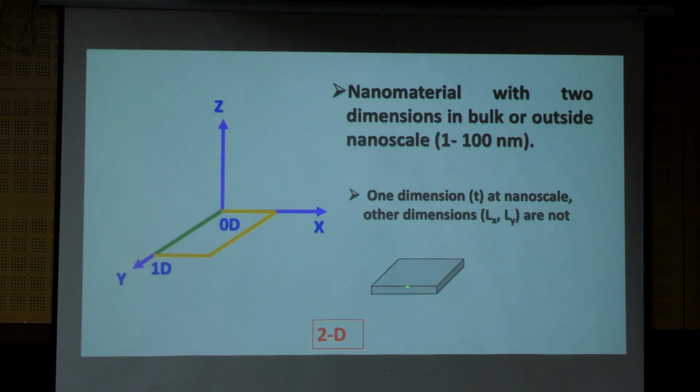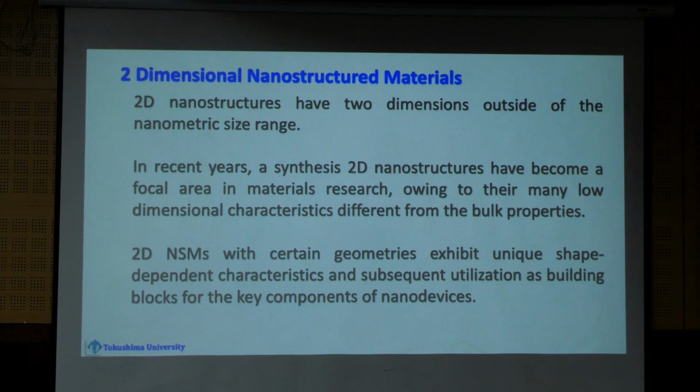Like this, this part will increase, but this will not increase. So the length, x direction, y direction will increase, but the z direction will not increase. It will remain intact, and usually it will be equal to or less than 100. Then it is a two-dimensional material. Two-dimensional material is widely researched by researchers all over the world because of its special properties.